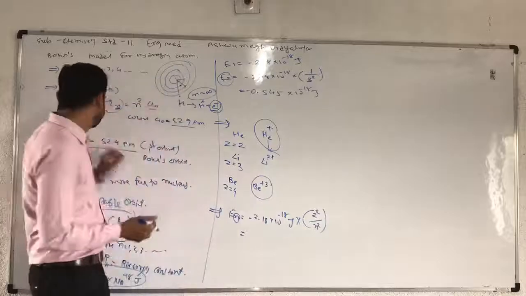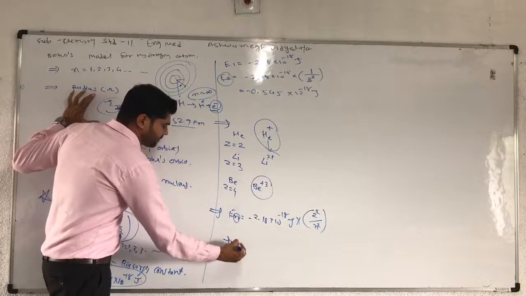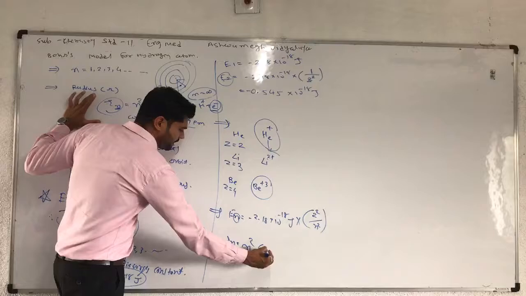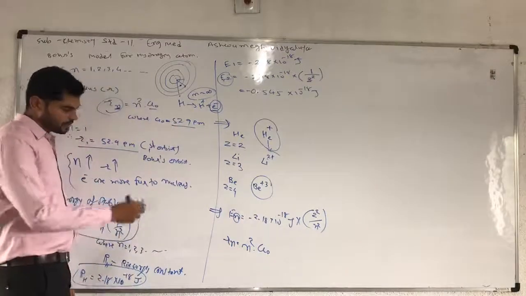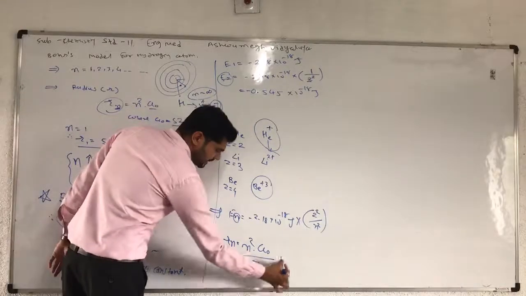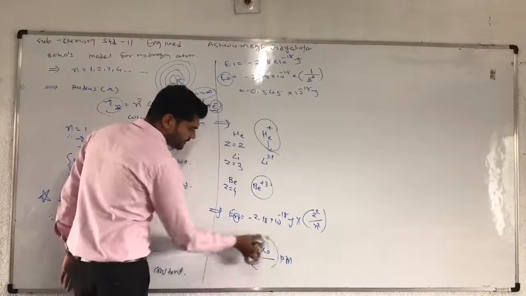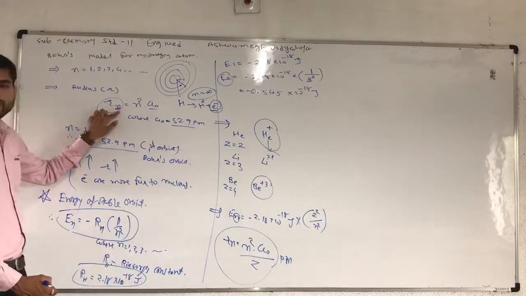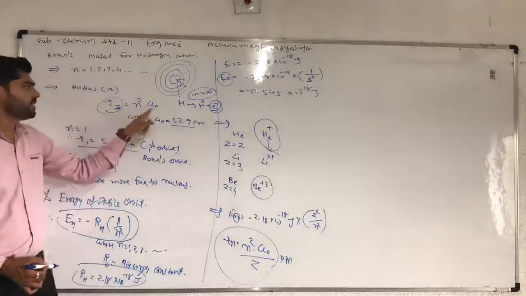In a similar way, to find the radius, Rn is equal to N square into A0 divided by Z picometer. Z equals 1 for the hydrogen atom, so there we write N square into A0.